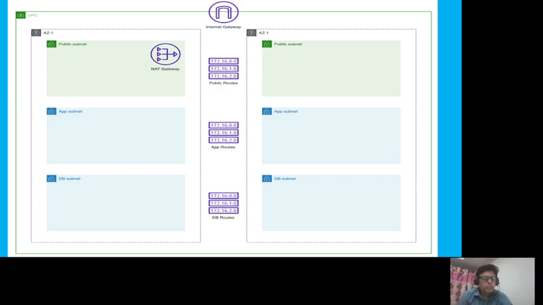What we're going to do is take advantage of configuring Resilience Hub, and figure out what our architecture looks like in terms of resiliency, for a business critical application.